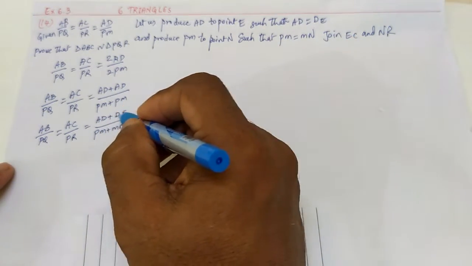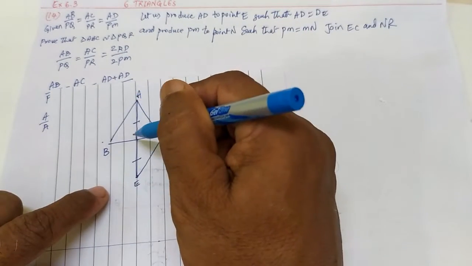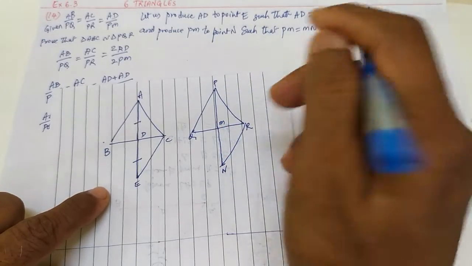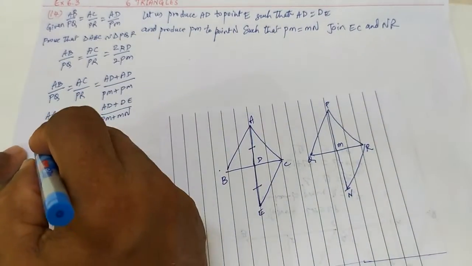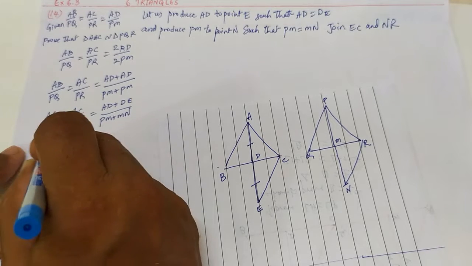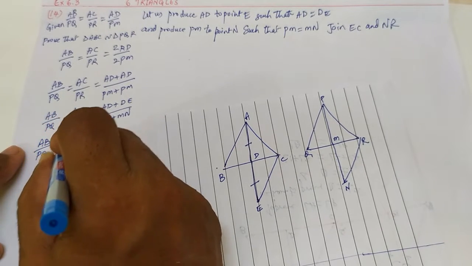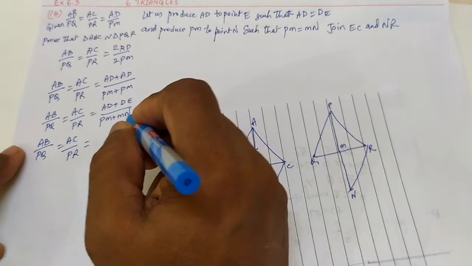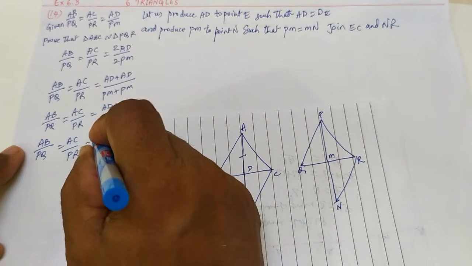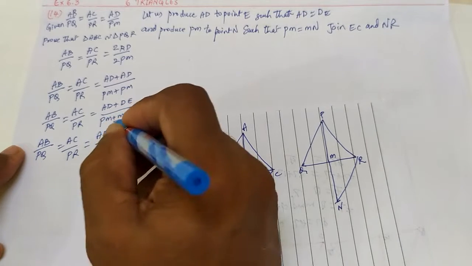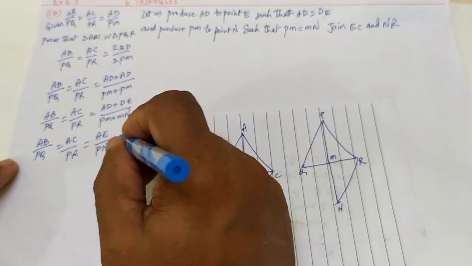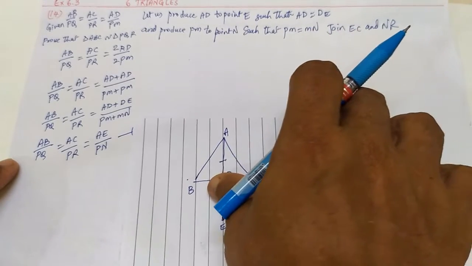AD plus DE is AE, and PM plus MN is PN. So instead of this we write AB upon PQ is AC upon PR, and this is AE upon PN, and take this statement as 1.